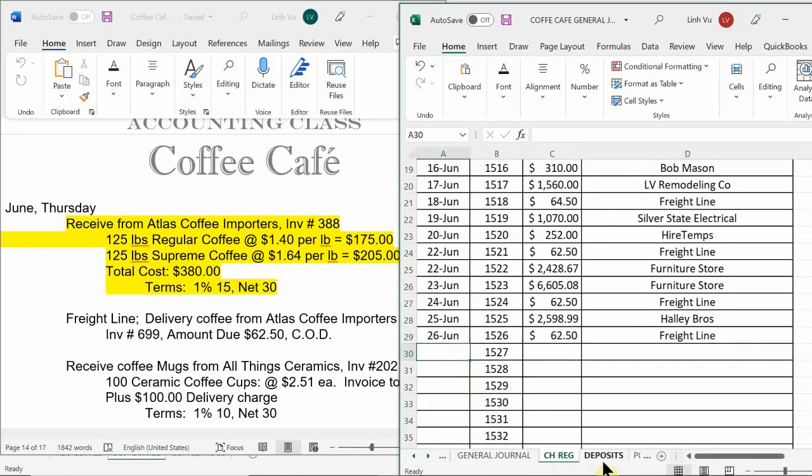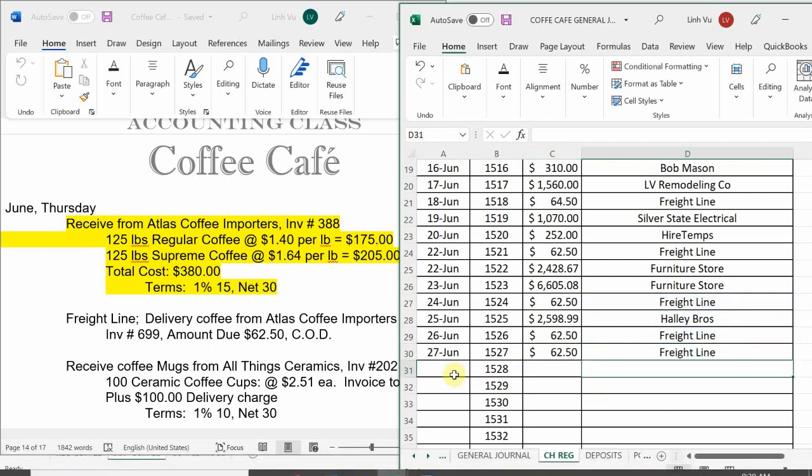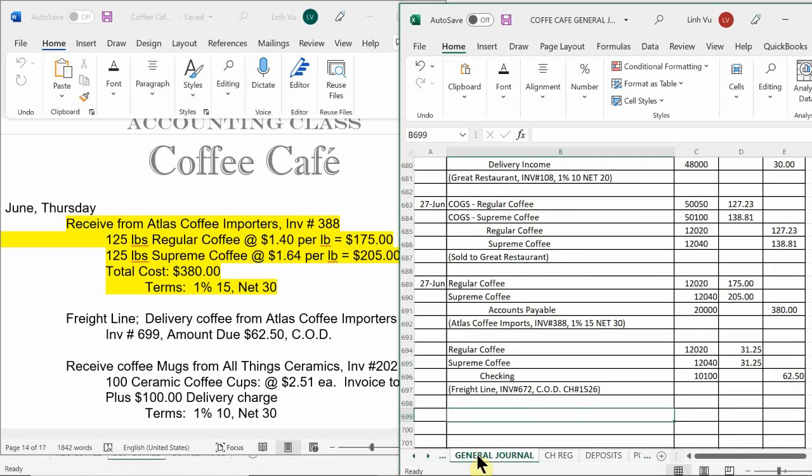Go get your check. So the check is for 62.50 to Freightline.